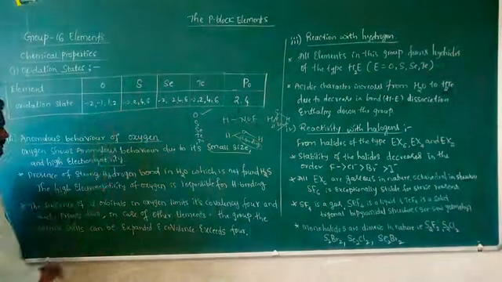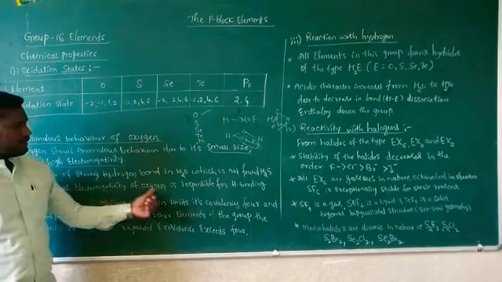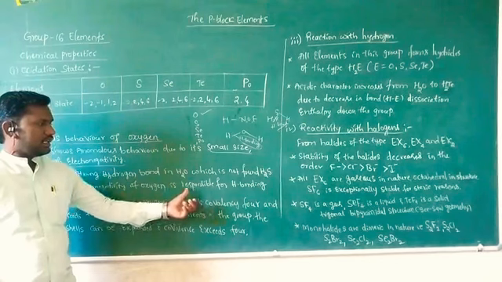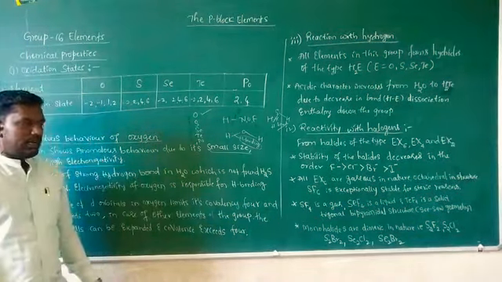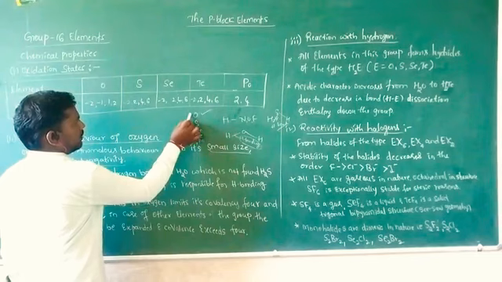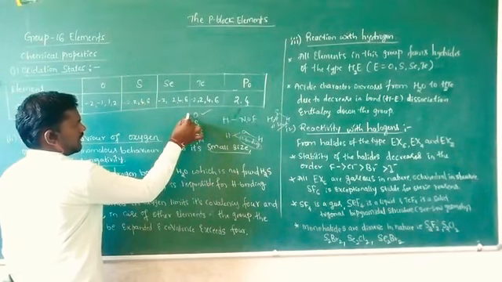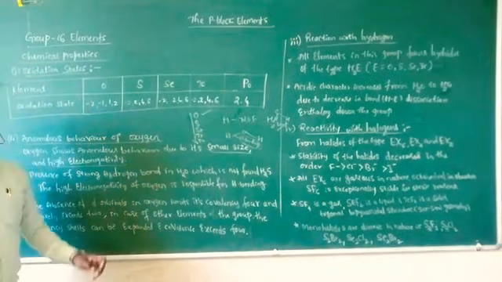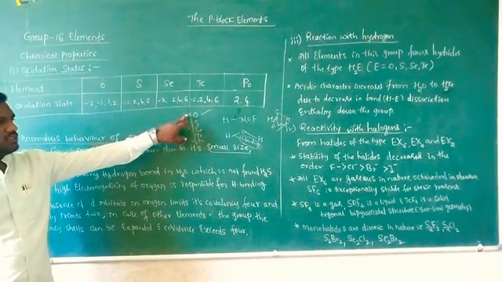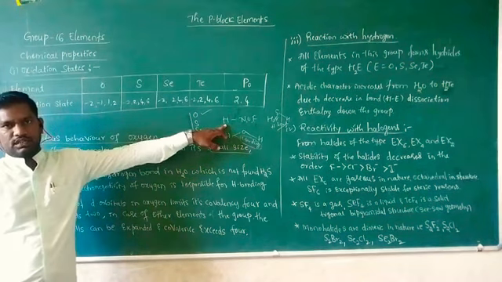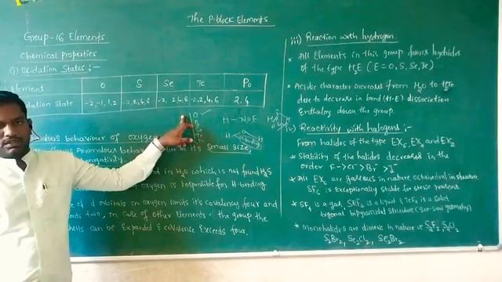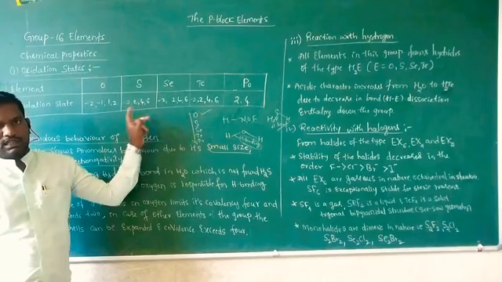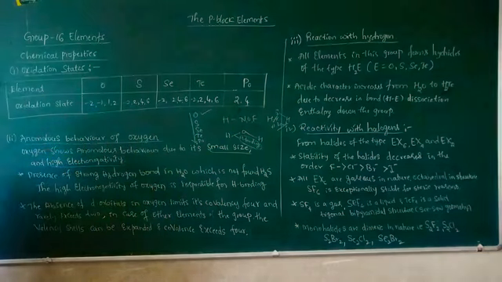These are hydrides. The high electronegativity of oxygen is responsible for hydrogen bonding. Electronegativity is highest for oxygen and decreases down the group. For these two reasons, hydrogen bonding and electronegativity, oxygen shows anomalous properties compared to all other members.